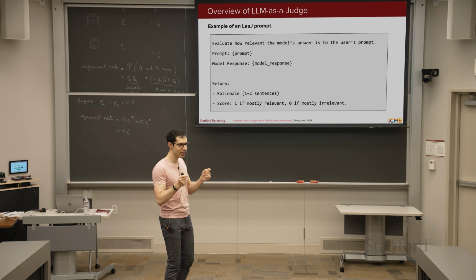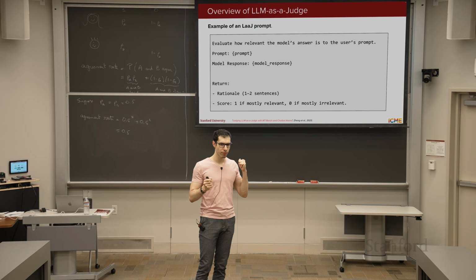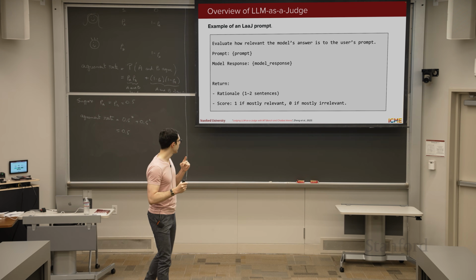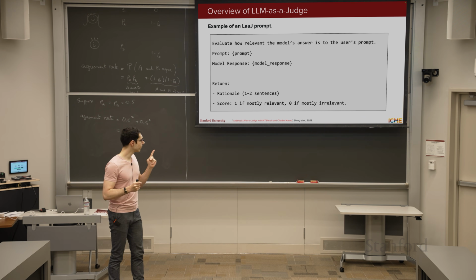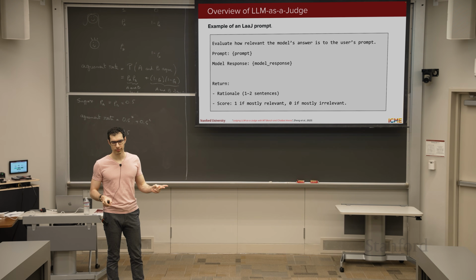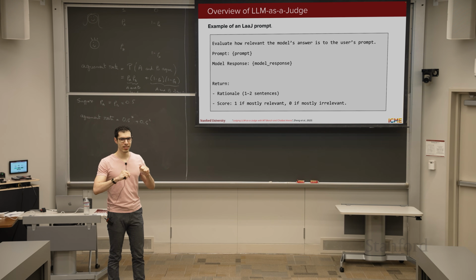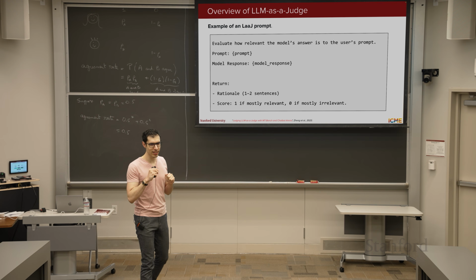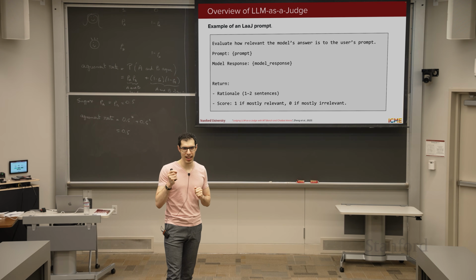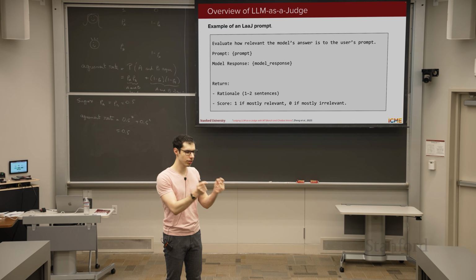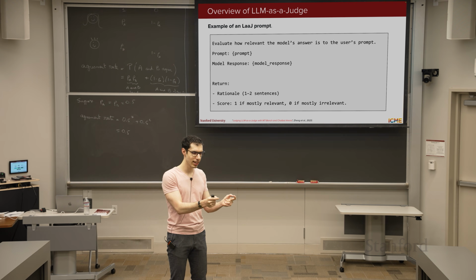And then you would ask the judge to return two things: the rationale and then the score. One little trick I want to point out is people typically ask the model to first output the rationale and then the score.